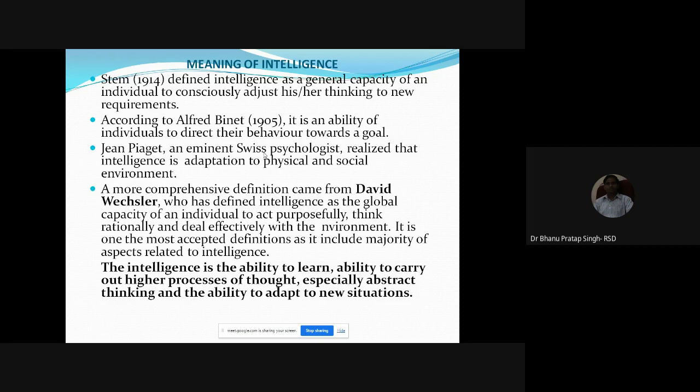So if we combine all, the intelligence is the ability to learn. The intelligence is ability to carry out higher process of thoughts. Intelligence is especially abstract thinking, and intelligence is ability to adapt into the new situations.